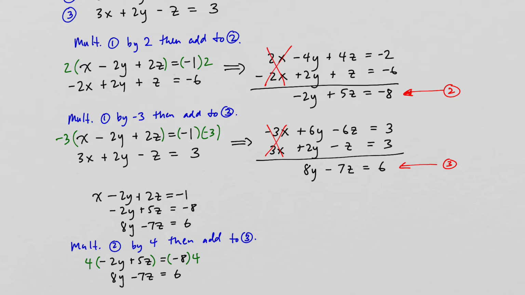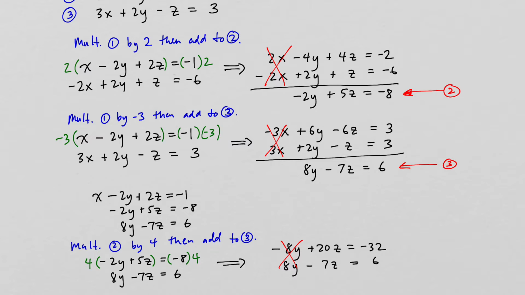Multiplying that second equation by 4 gives us negative 8y plus 20z is equal to negative 32. The other equation is unchanged. If we add these together, you can see that the y's are going to cancel out.